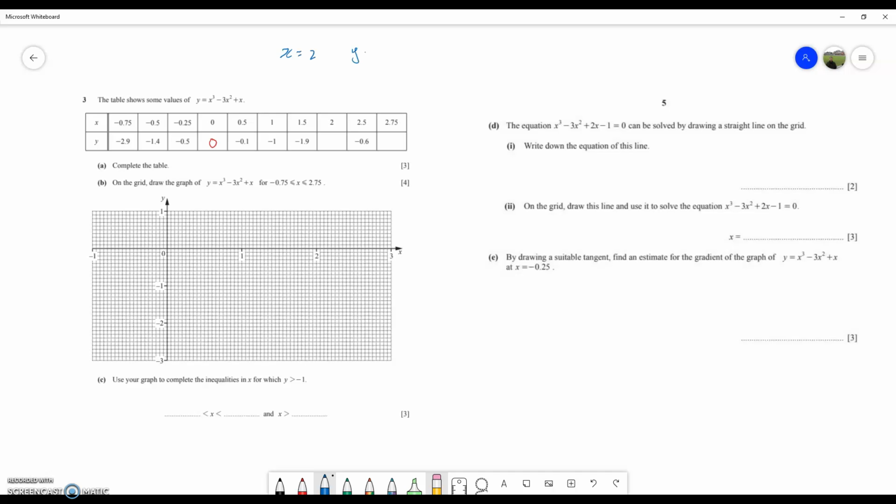So it means y is equal to 2 to the power of 3 minus 3 times 2 squared plus 2, which is equal to 8, take away 12, plus 2, which is equal to minus 2. So we can put that in our answer there.